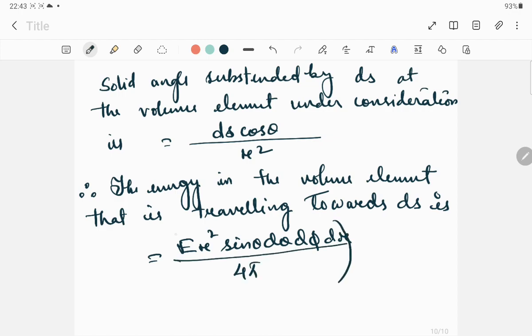So this is the volume element, energy emitted per solid angle.